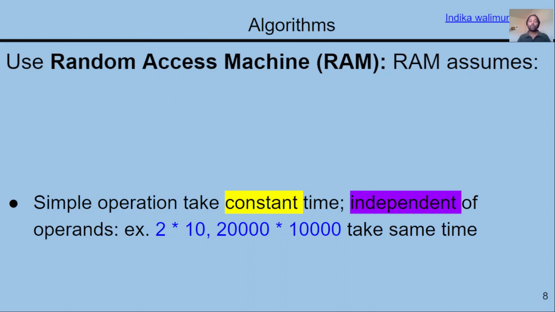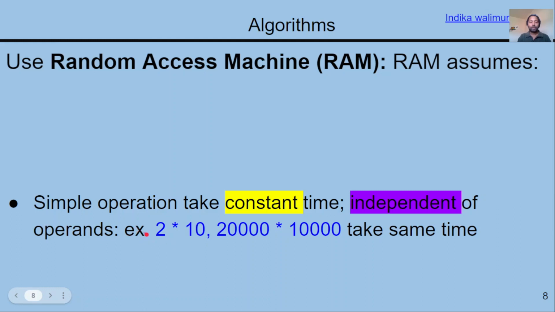Simple operations take constant time and they are independent of the operands. So this is really important. Simple operations take a constant amount of time and they are all independent of the operands they operate on.